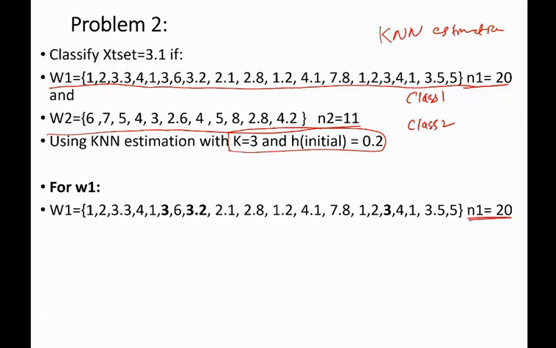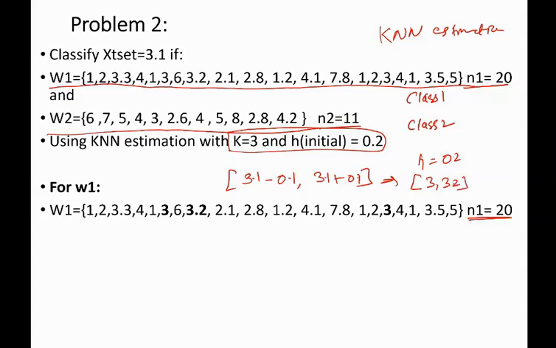Here I have 20 samples and h is equal to 0.2. So I will go around 3.1 minus 0.1, the lower limit, and 3.1 plus 0.1. So this is 3 comma 3.2.